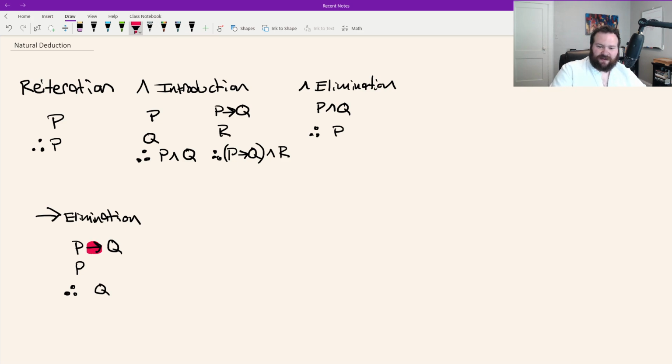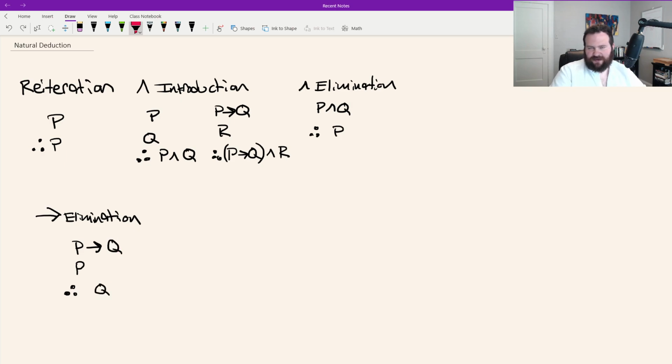Again, we are getting rid of a conditional. So another way to think of conditional elimination is that the left side can unlock the right side. If you have the left side like this, you can unlock the right side of a conditional.